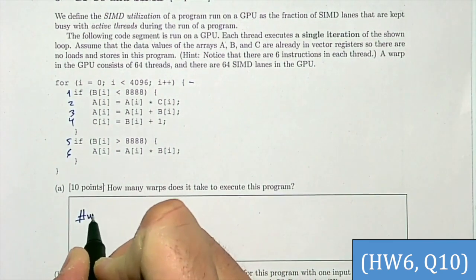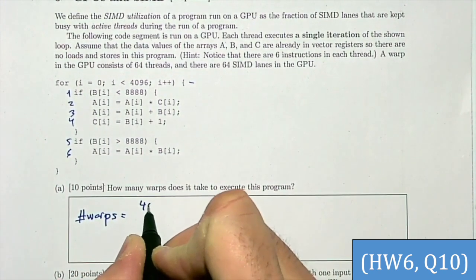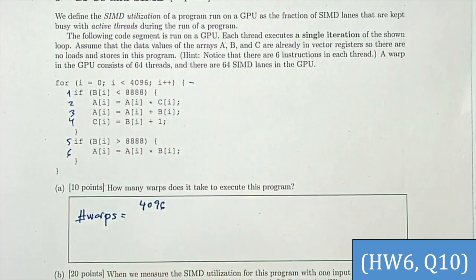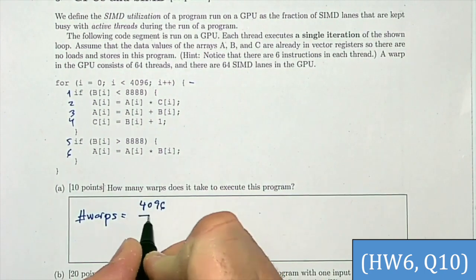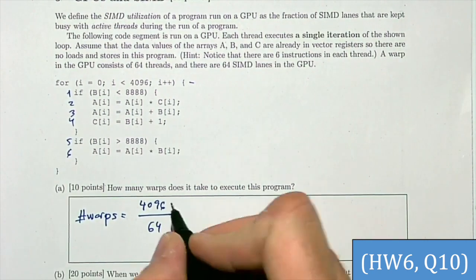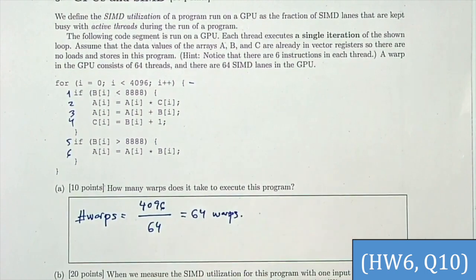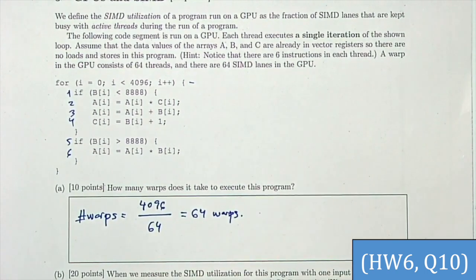So the number of warps is the number of threads, which is exactly the same as the number of iterations, divided by the size of the warp, which is 64. And this is 64 warps. This is the number of warps that we need to execute this program.